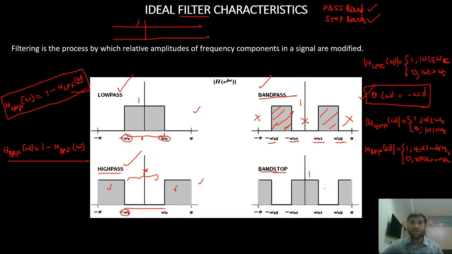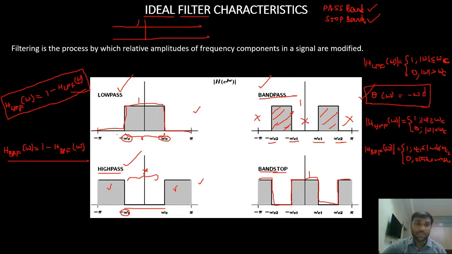So this is about filter characteristics. If you look at these characteristics, there is always a steep rise from 0 to 1 and a steep fall from 1 to 0. In every case, there is a steep rise and steep fall. This steep rise and steep fall is not possible practically. That is why these filters are called ideal filters. Ideally, they have to be like this.